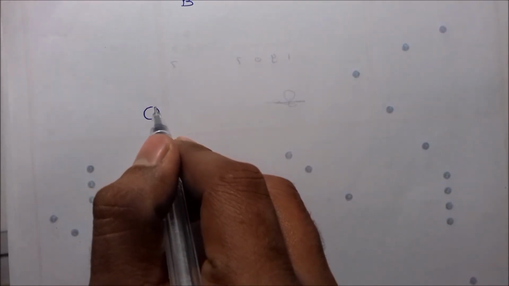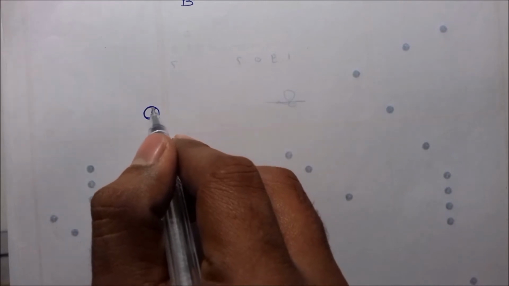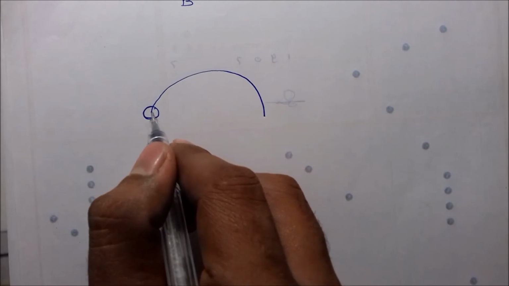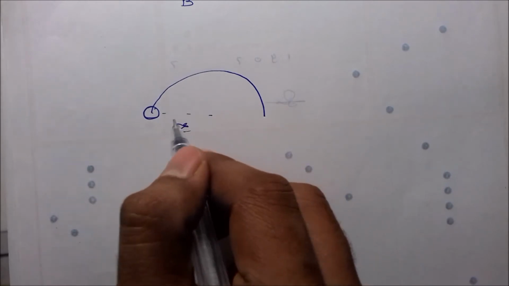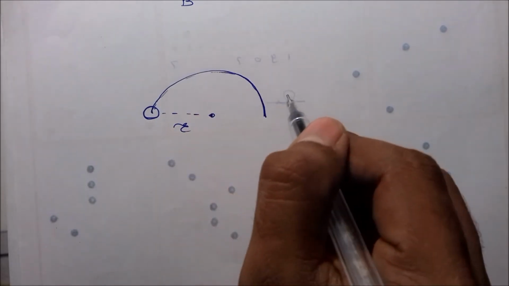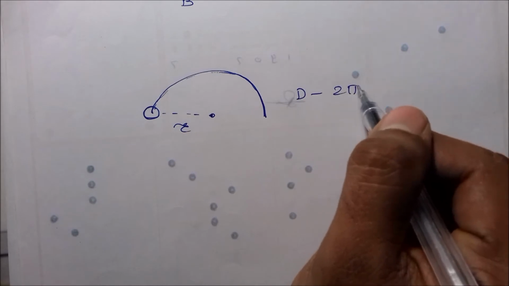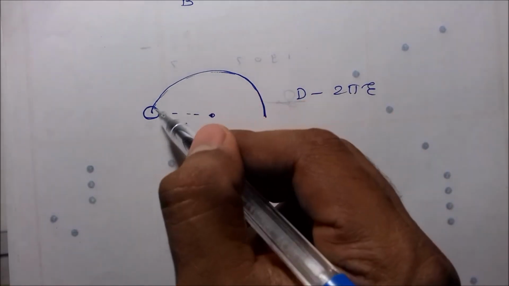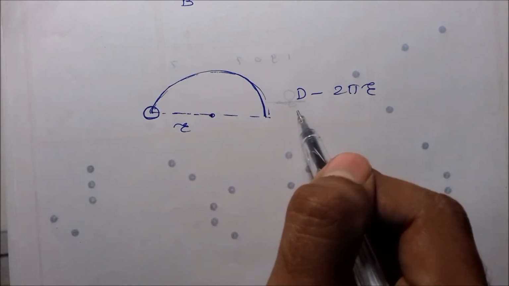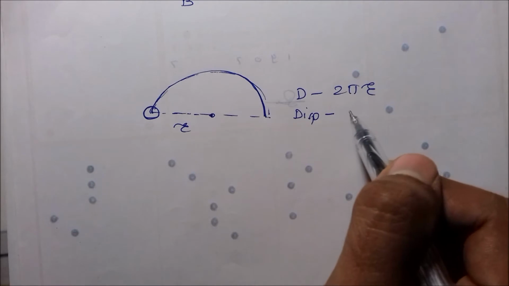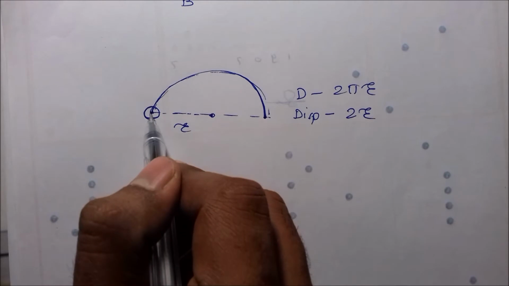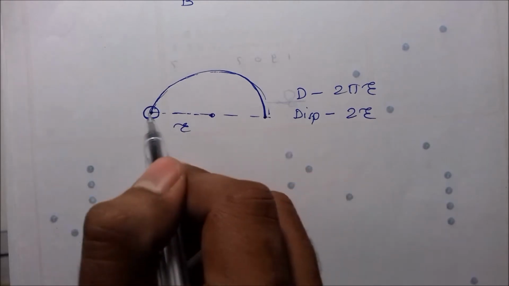If an object completes a semicircle, and the radius of the semicircle is r, then the distance covered by the object is pi r. That is the actual length of the path, but the displacement is 2r. Displacement is the linear distance between the final position and initial position.